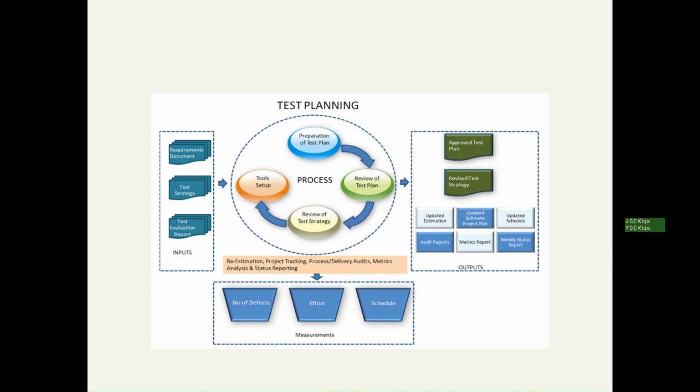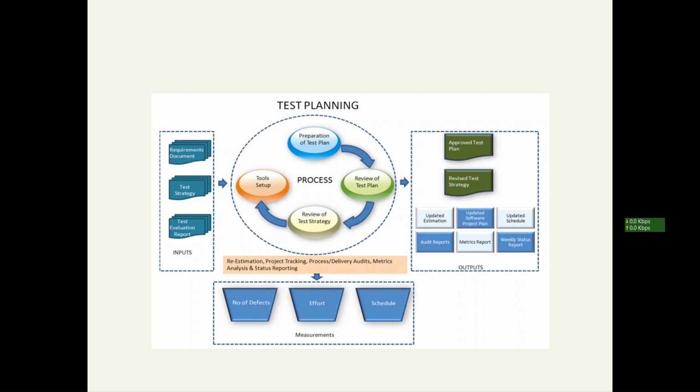One is the requirement document, next is the test strategy document, and next is the test estimation report. Requirements are needed for doing a plan. The test strategy document is needed, and then only you can plan for how, who, when. Next is the test estimation report, the calculation of effort and schedule. That is needed for preparing a test plan document.